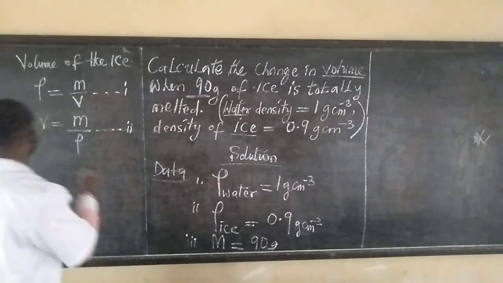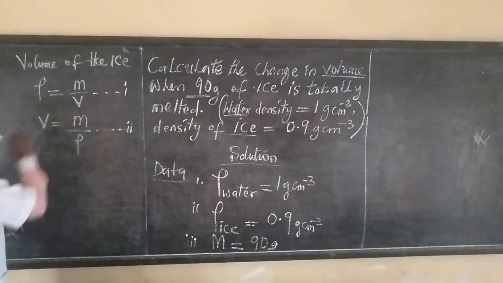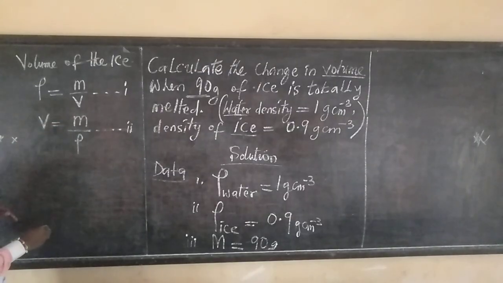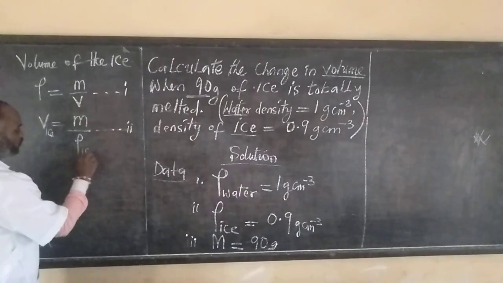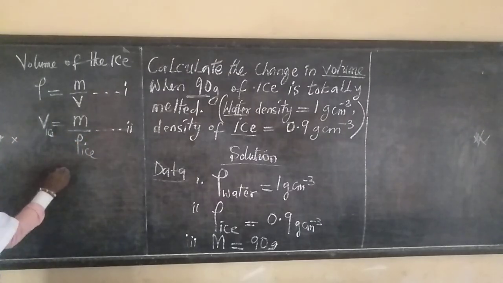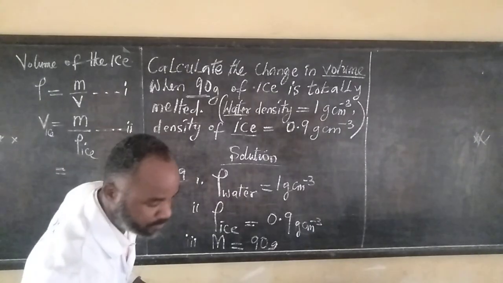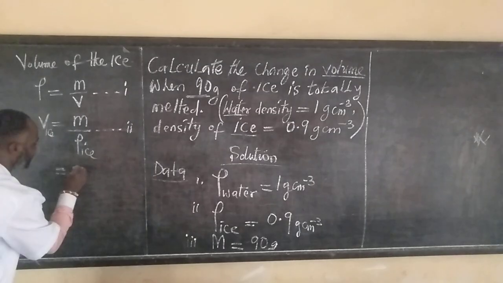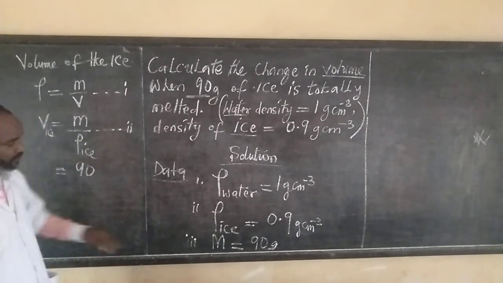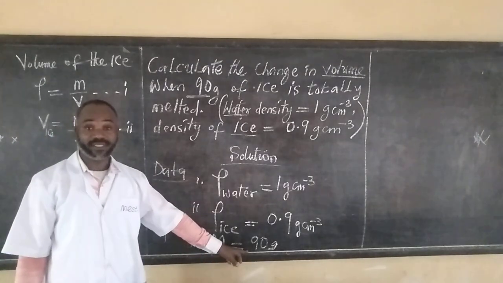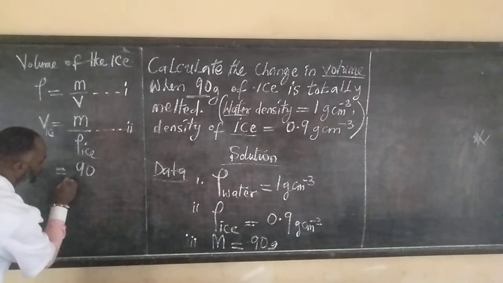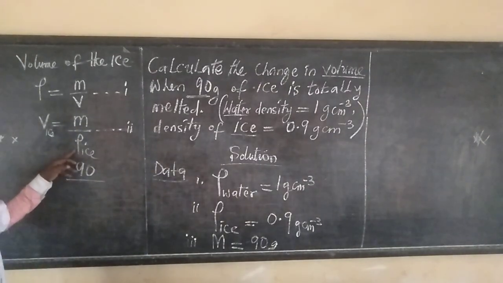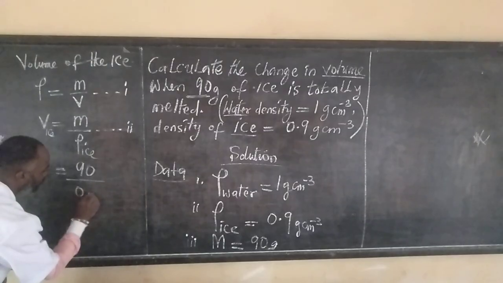Now we need to find that for ice. If this volume is for ice, this density is for ice. So for ice, the mass remains 90. The mass of the substance is 90 grams, so mass 90 over the density of ice, which is 0.9.